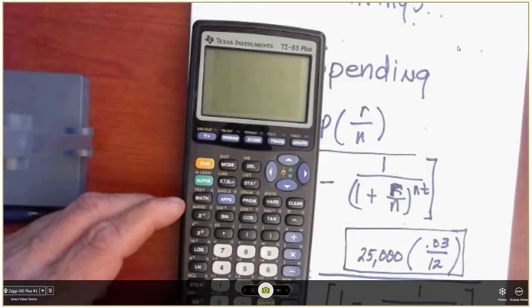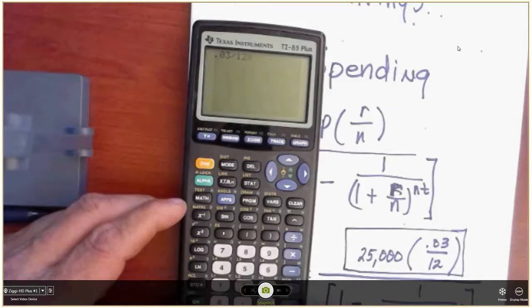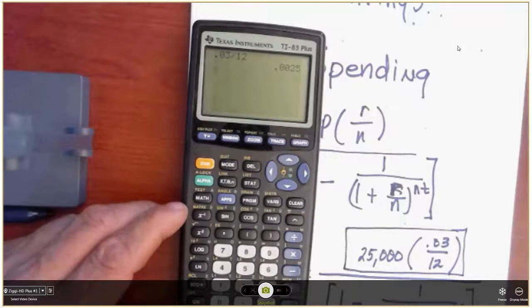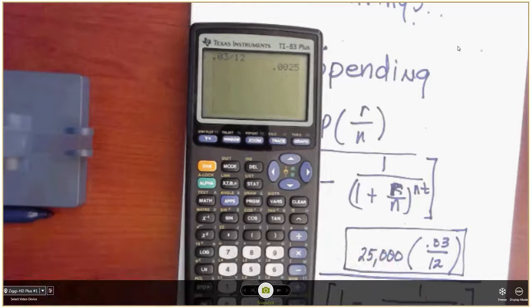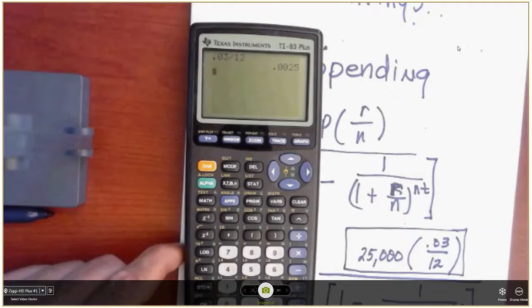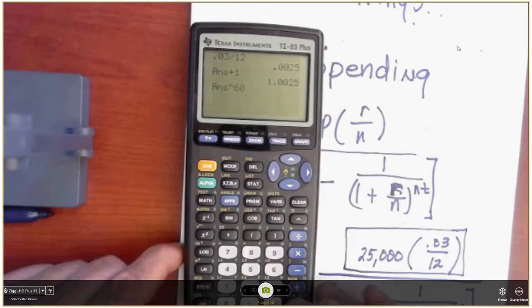So you do 0.03 divided by 12, and plus 1, and raise that to the 60th power. That may be pretty easy for y'all, because that's the bottom. But now it's where it gets kind of tricky.